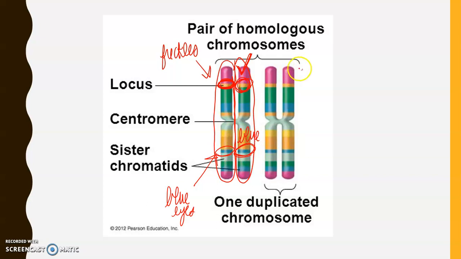Now, this one over here is the homologous pair that has the same types of genes in the same location, except I told you that this one said no freckles, and this one said brown eyes.